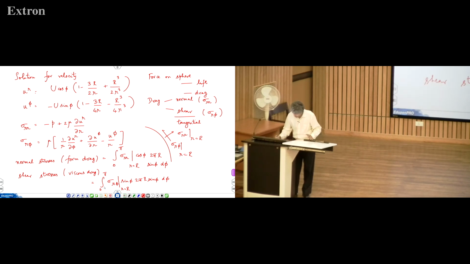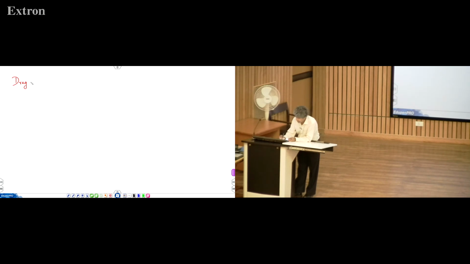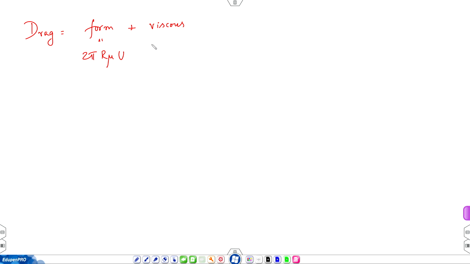So drag equals the form component, which arises from normal stresses, which turns out to be 2 pi R mu U, and the viscous component turns out to be 4 pi R mu U. So this whole thing is 6 pi R mu U. This is the drag acting on a sphere placed in uniform flow: 6 pi R mu U.